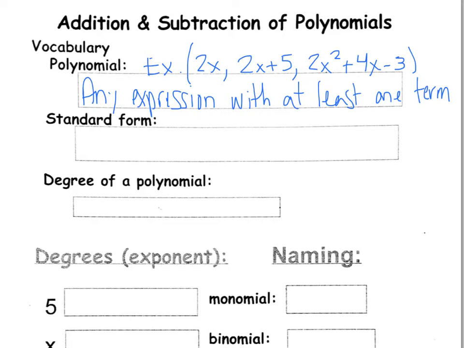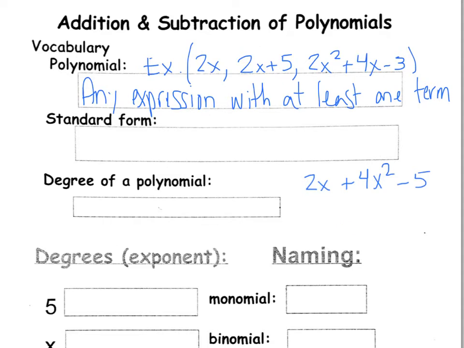So, for example, if we had 2x plus 4x squared minus 5, this is not in standard form. The term that has the highest exponent needs to come first. So this 4x squared would actually be written first, then the 2x, then the minus 5. So that's standard form. Let me erase this.